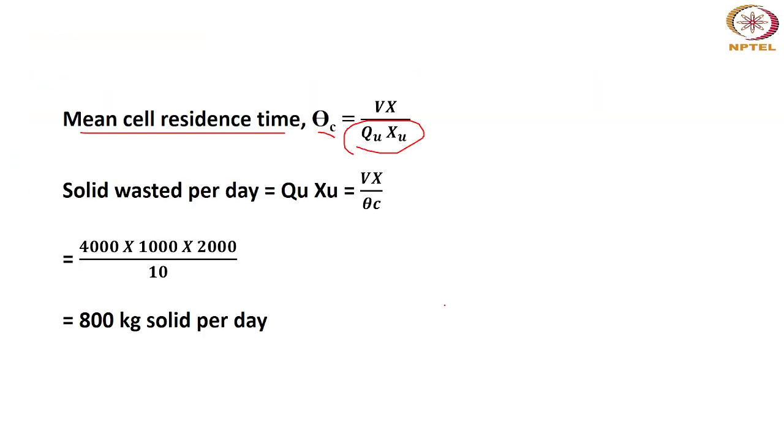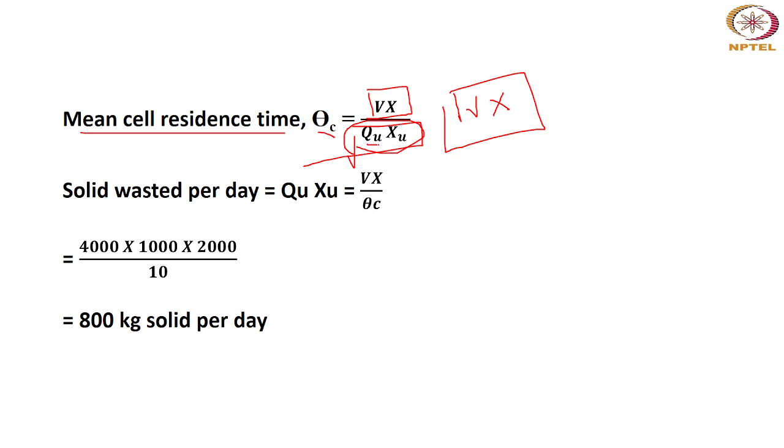So you don't need to think about (Q minus Qw) multiplied by Xe plus Qw multiplied by Xr, which I told you about in the beginning. There was a similar question where I used this kind of formula. But here you don't need to consider all those factors because it's very simple. Everything is getting wasted because there is no mention of any recycle. So whatever is inside this tank, that is V multiplied by X, divided by whatever is getting wasted.